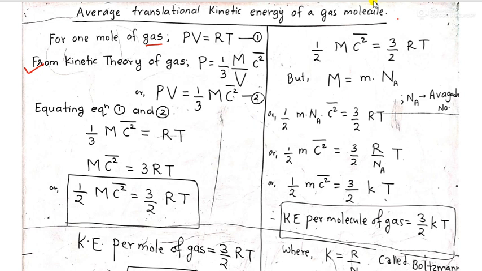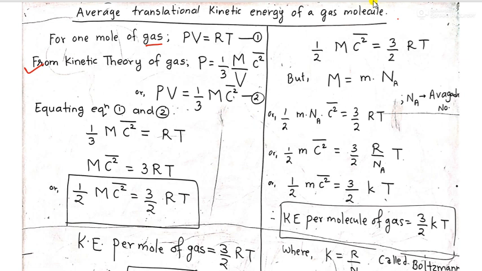Now we can equate equation 1 and 2. After equating, PV is the same on the left hand side, and on the right hand side we get 1 by 3 m c square bar is equal to RT. By cross multiplication, we get m c square bar is equal to 3RT.